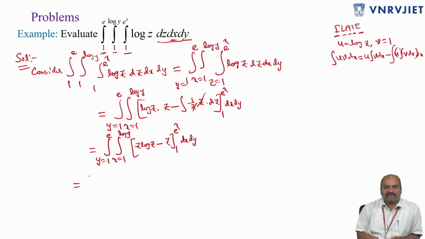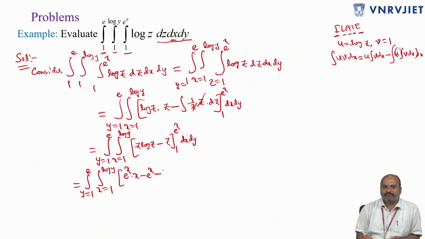Let's substitute the limits. Integral y varies from 1 to e, integral x varies from 1 to log y, and now substitute instead of z, e power x, so e power x log e power x. Log e with base e is 1 now, so x minus z equals e power x. Substitution of lower limit, which is 1, log 1 is 0, no contribution.